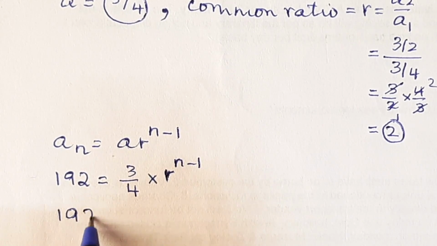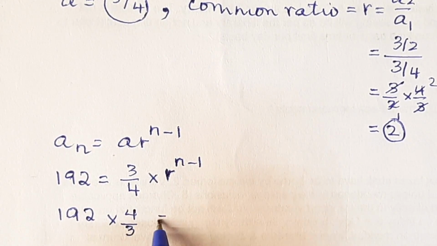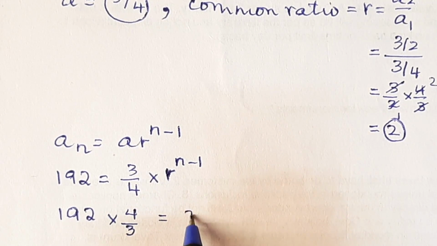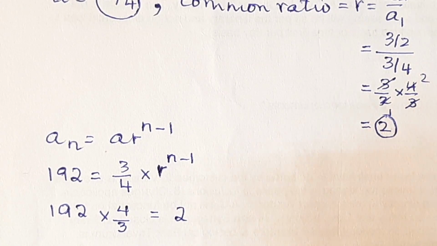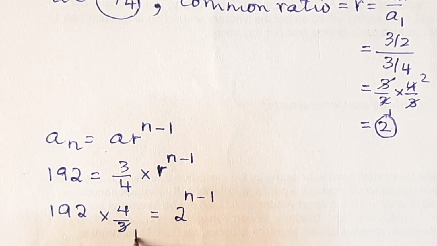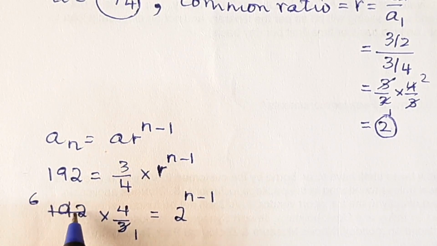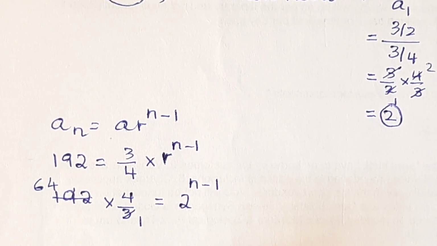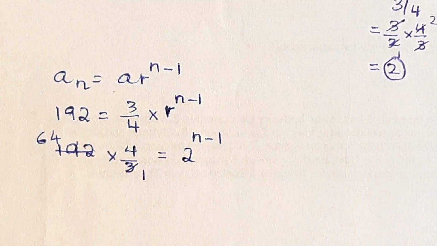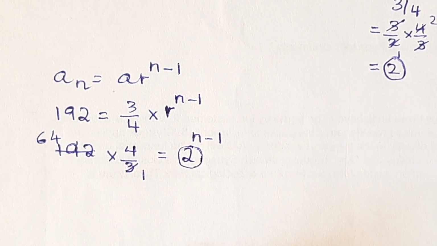So 192 multiplied by 4/3 will give us, r means 2. Can you see that r value 2? 2 to the power n minus 1. Now 3 is going to divide this 192. 3 6s 18, remain 1. So 3 4s 12. Now that you understood this much, remember on the right we have 2 to the power something.